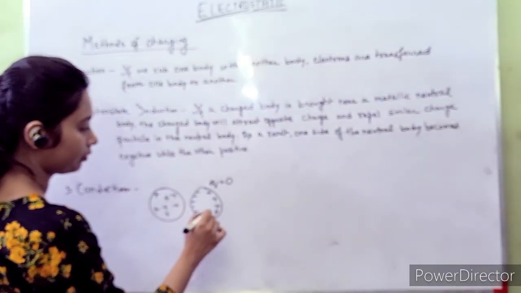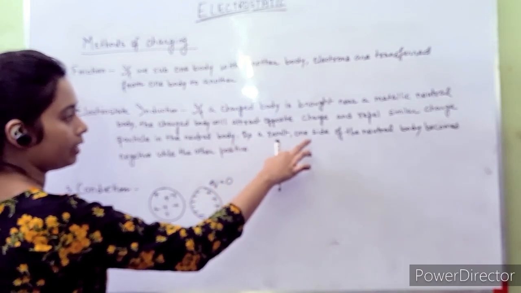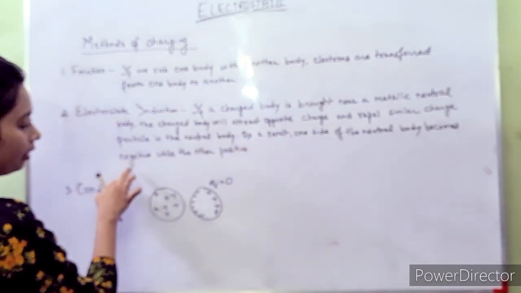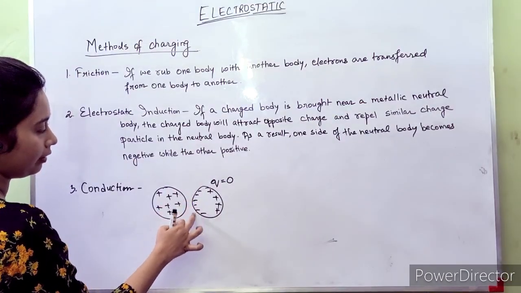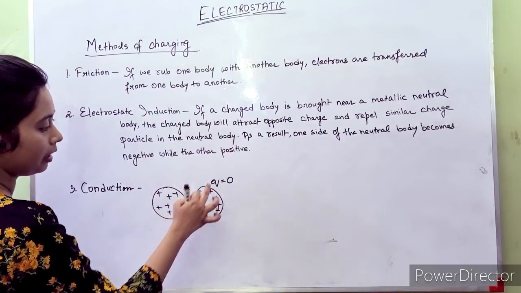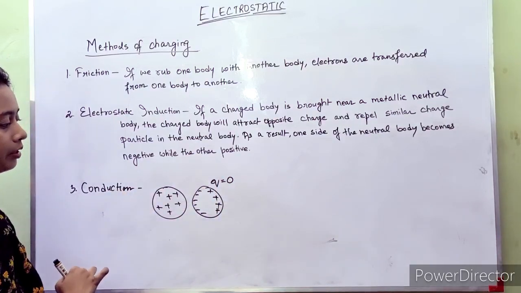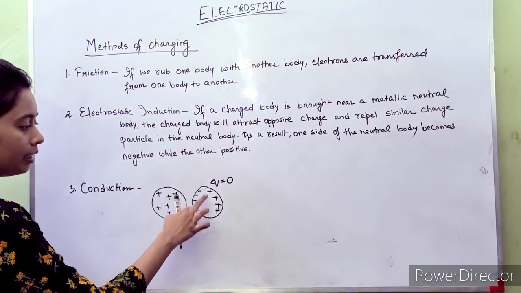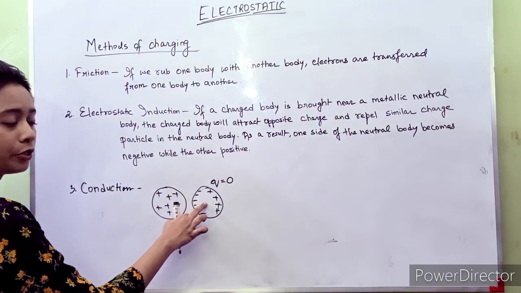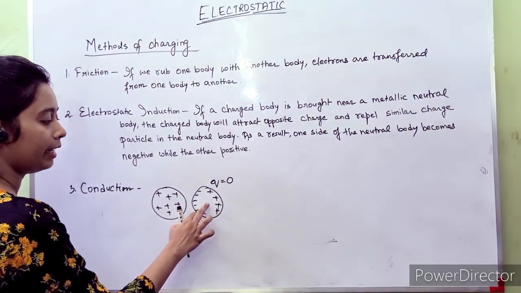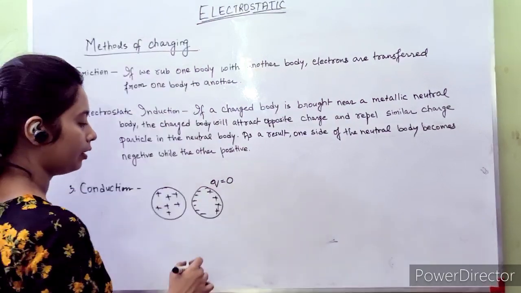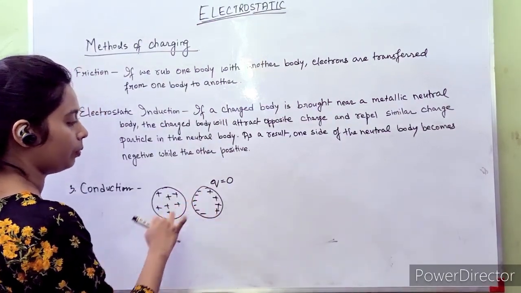Now, as a result, one side of the neutral body, this side, becomes negatively charged, while the other side becomes positively charged. But as a whole, this body is still neutral. It has not gained any charge. Now how to give charge to this body?